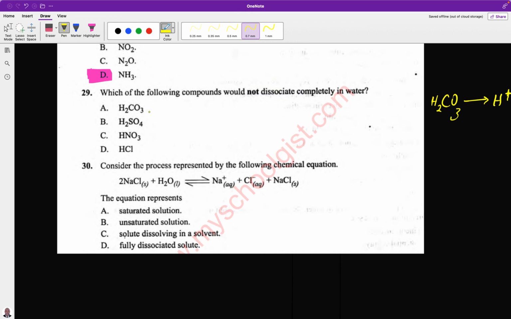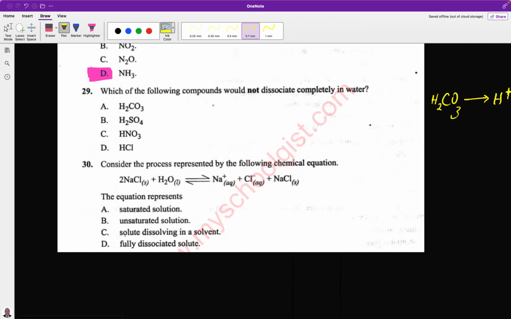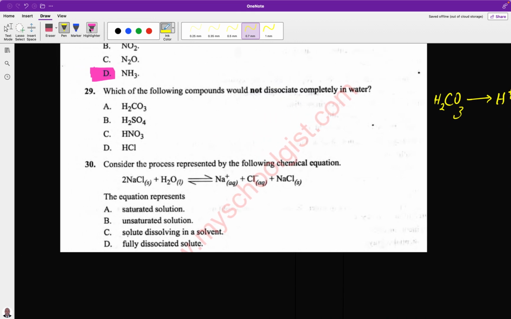Instead, it will dissociate, giving only one proton or one hydrogen ion and a bicarbonate ion. In that case, our answer is A. A is the one that will not dissociate completely.